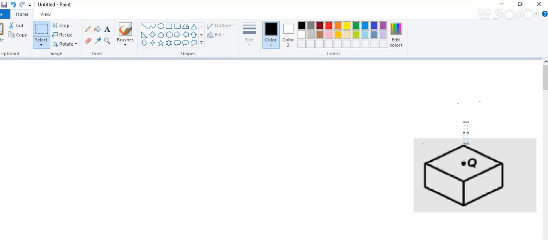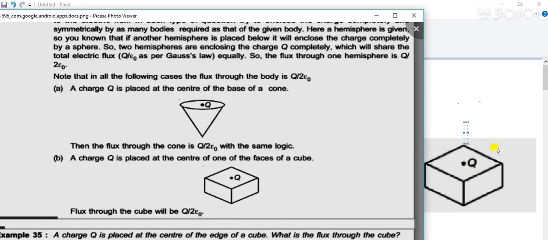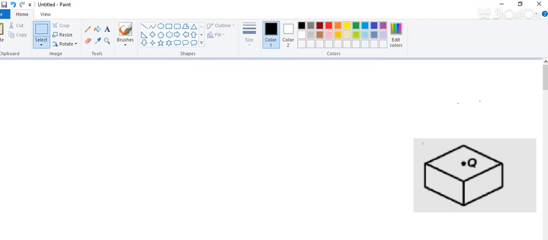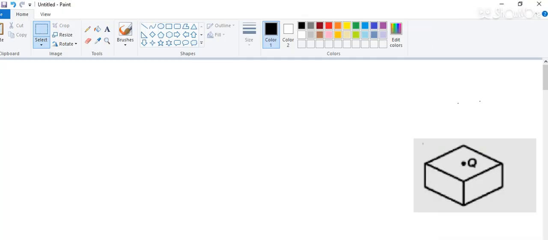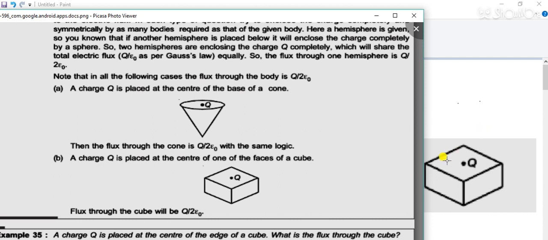To complete this cube, we will draw another cube of similar type just above it, like this one, so that this charge gets enclosed.